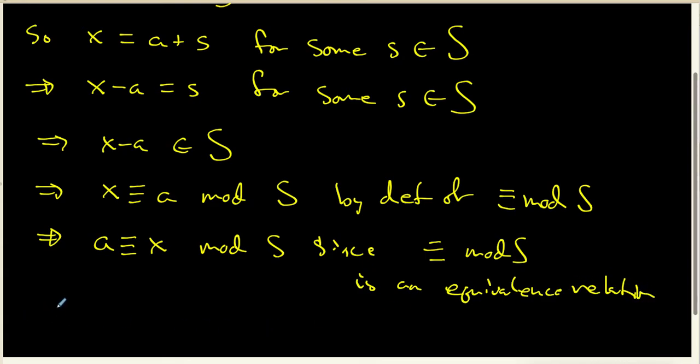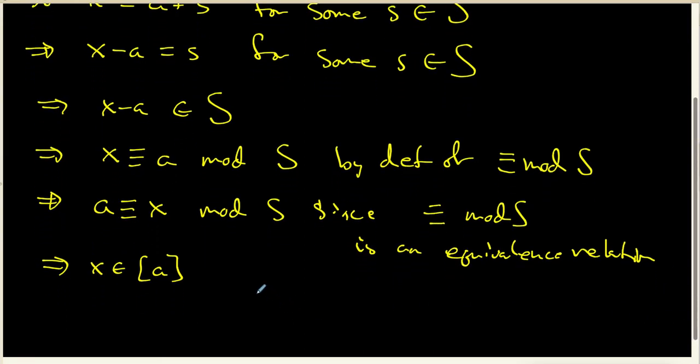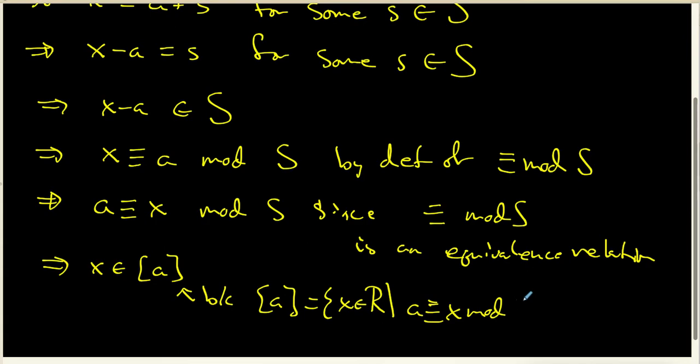Well, what does that mean? That does say that X belongs to the equivalence class containing A, because the equivalence class containing A is everything inside the ring such that A is congruent to it mod S. So what have we shown here?